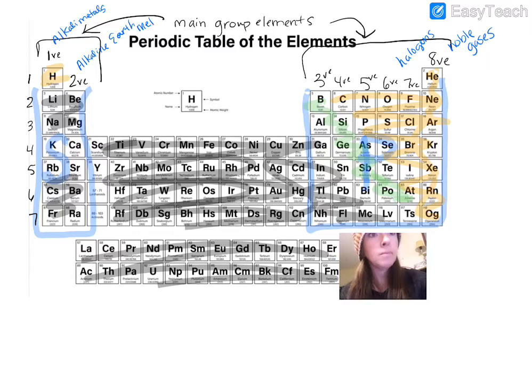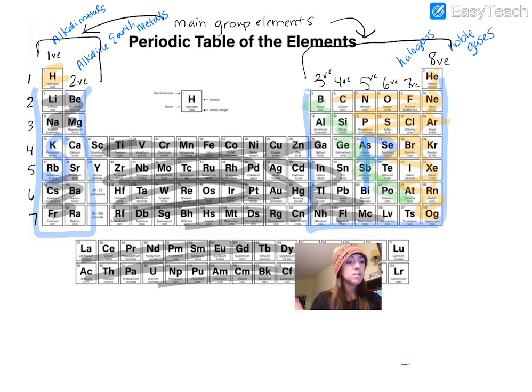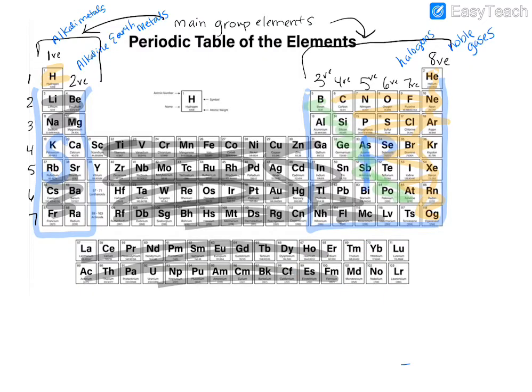So, to end this lesson, I want to take one element off the table and dissect it. If I was going to take the element chlorine, which is right here on the table, number 17, that I'm circling.